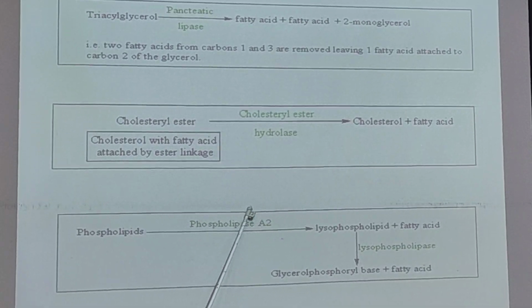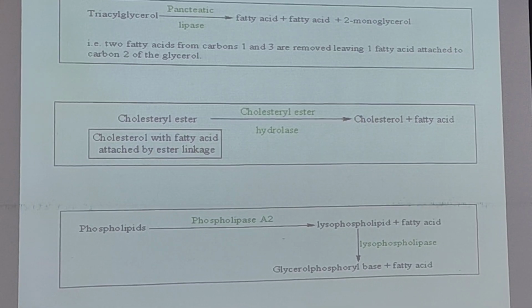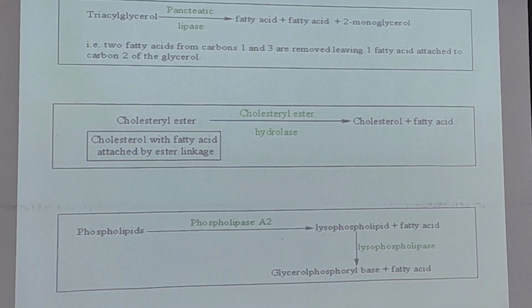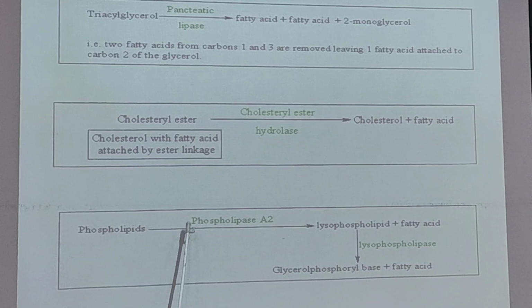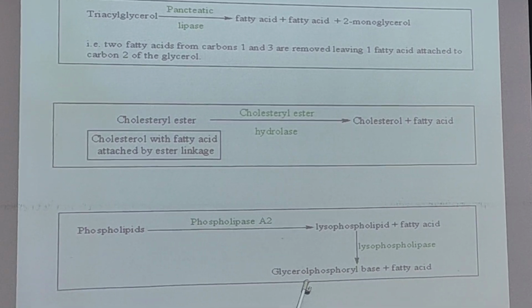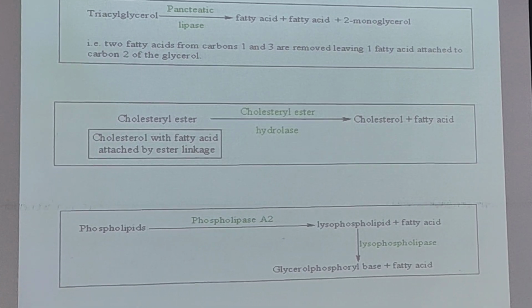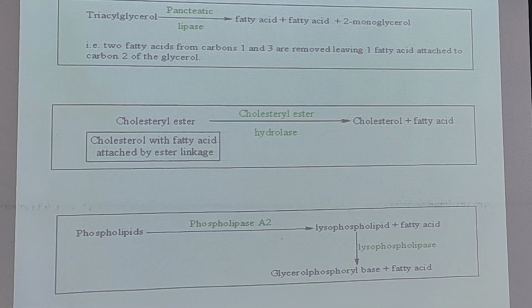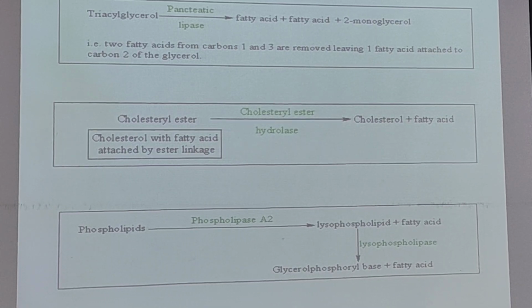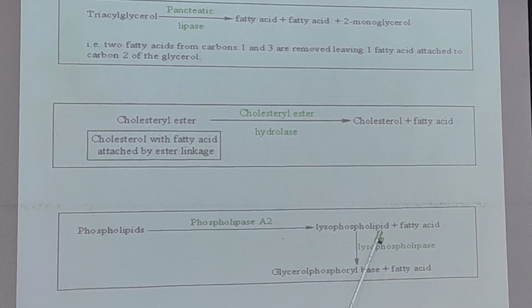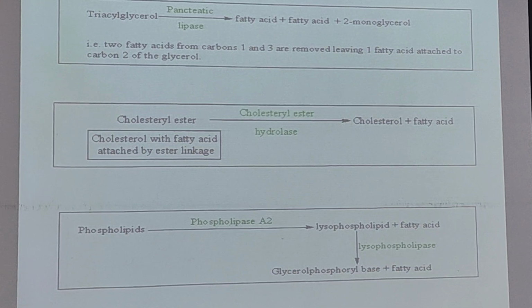If phospholipase A2 acts on phospholipids, its products are fatty acid and lysophospholipid. Okay, if we remove one fatty acid from phospholipids, it's known as a lysophospholipid.